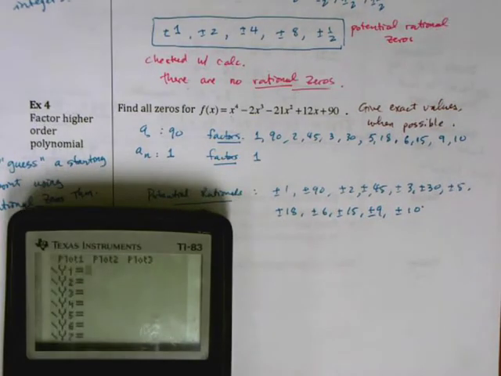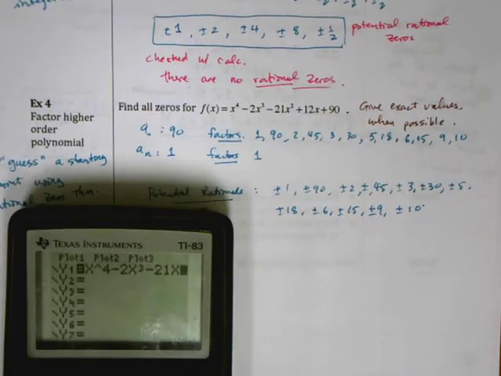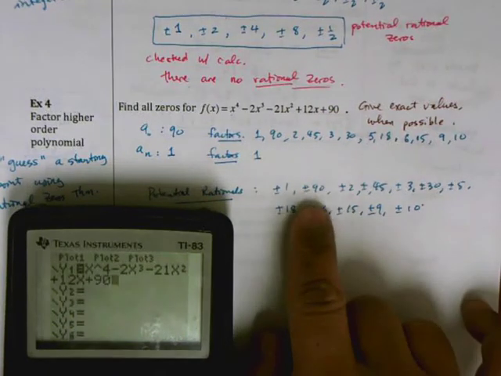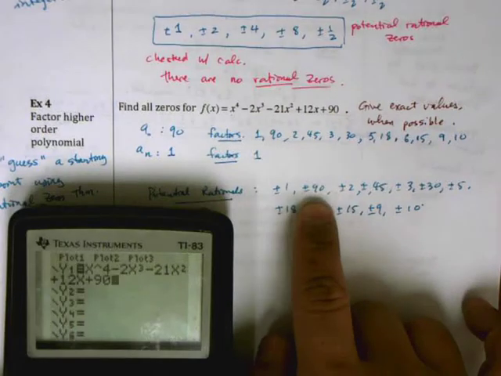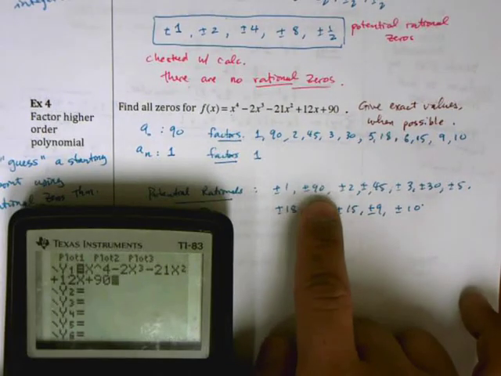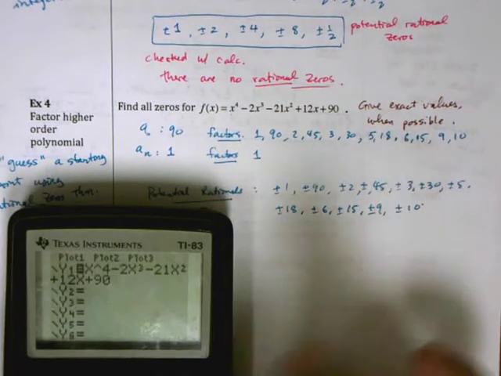So I'm just going to take that to the calculator and enter in this complicated polynomial here. Minus 21x squared plus 12x plus 90. And again, I'm always going to go with the biggest number as my window. It's going to go between negative 90 and 90.